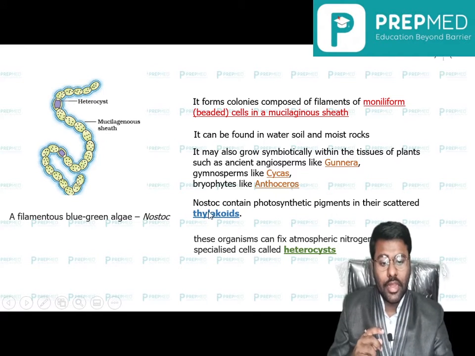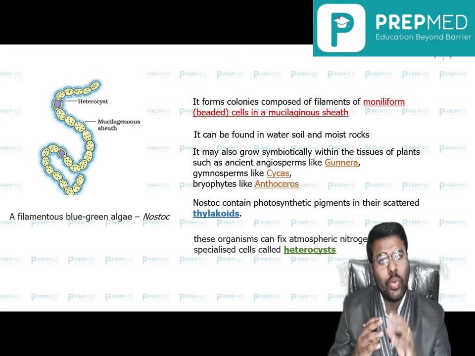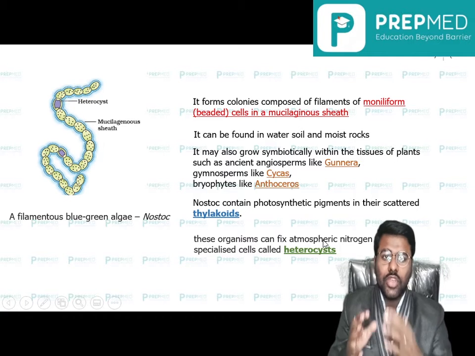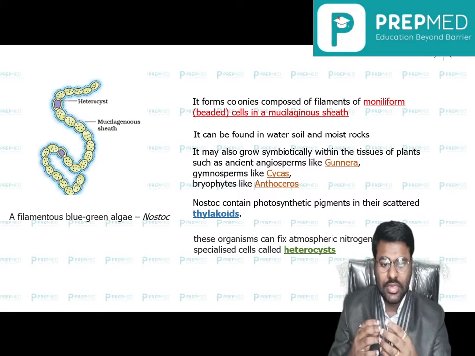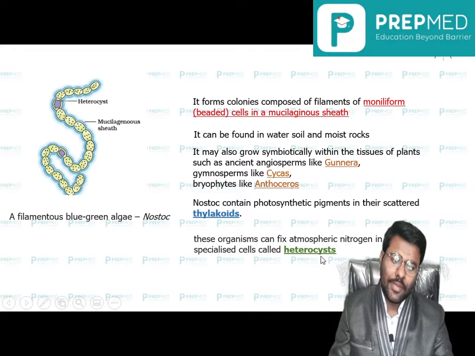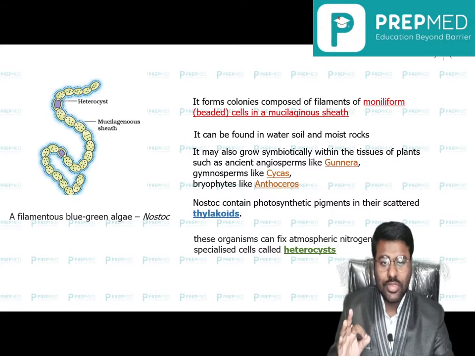You have to clearly identify that the thylakoids are the photosynthetic pigment containing area of the blue-green algae, and this organism can fix atmospheric nitrogen with a specialized cell called the heterocyst. This heterocyst is not for photosynthesis, it is actually for nitrogen fixation from the atmosphere.